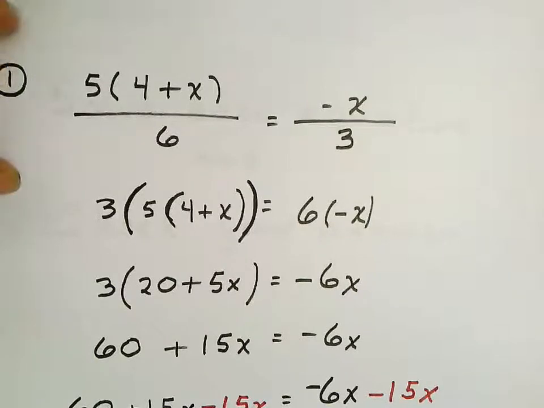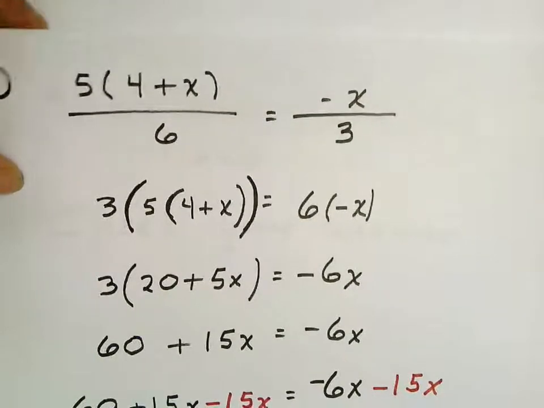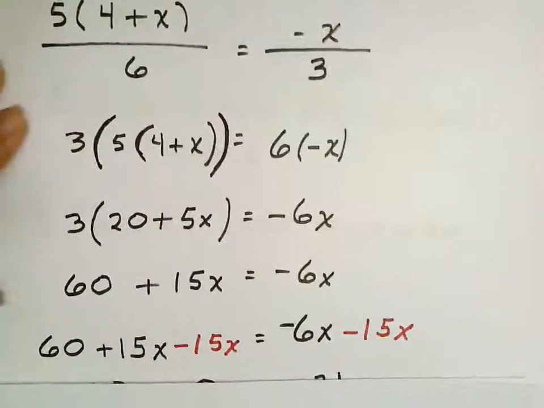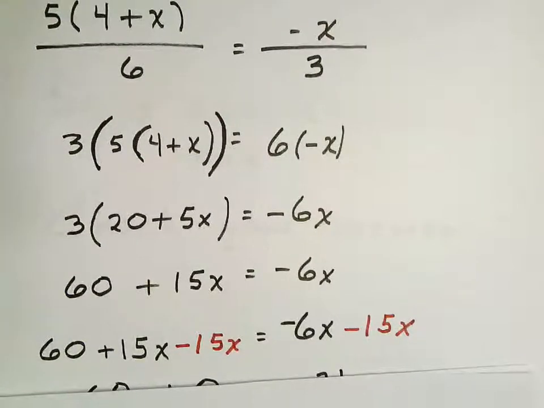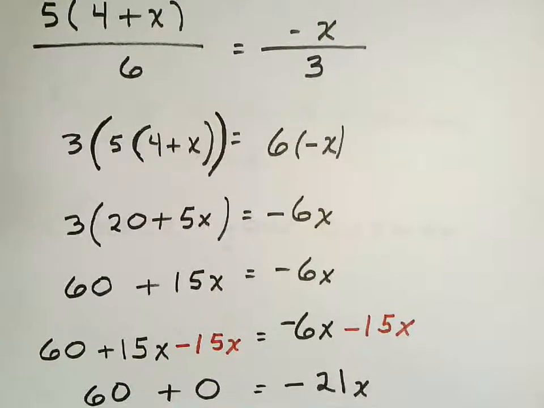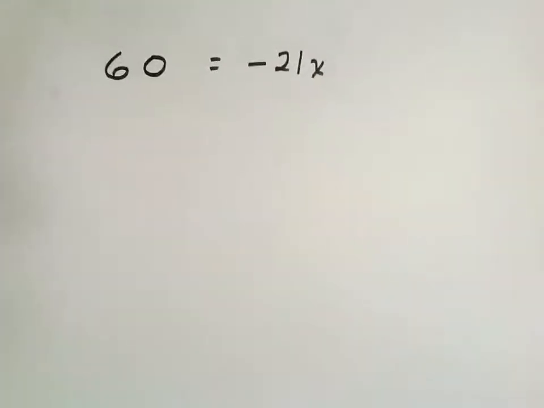Here I'm subtracting 15x from both sides. As you see here, then we get 60 plus 0 equals a negative 21x. We add 60 and the 0, and we get negative 21x.